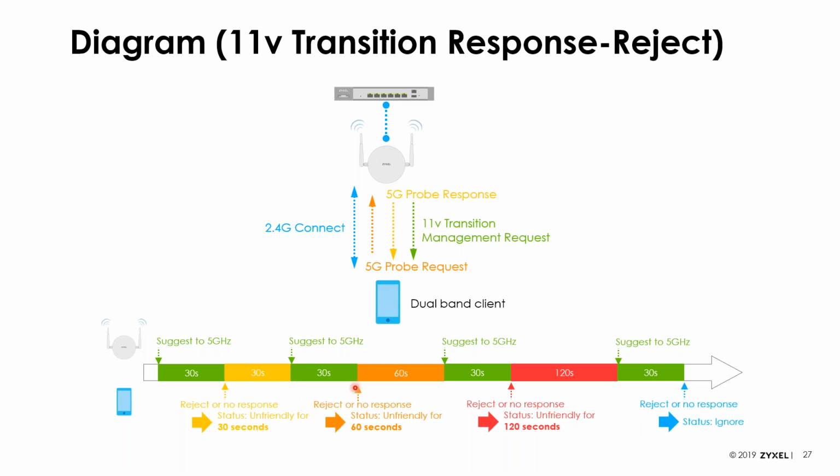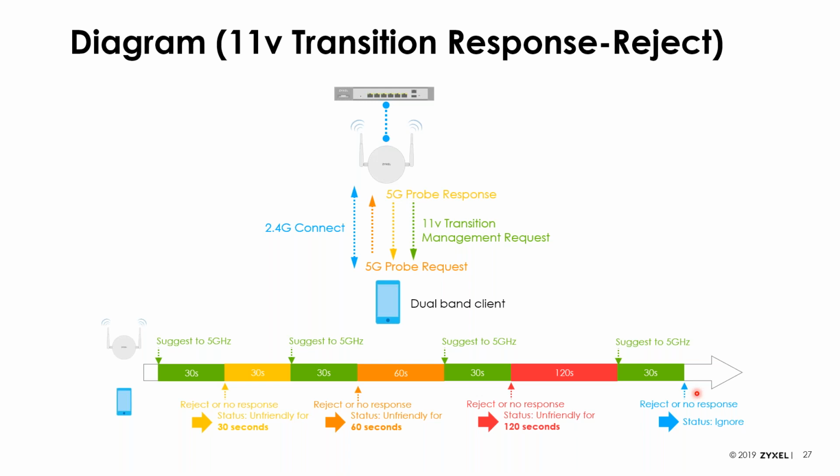If there is no response or a reject message from the client, it waits for 60 seconds and then tries again. It waits for 30 seconds. If there is a reject or no response at all, it waits for 120 seconds and then tries a fourth and last time. So if unsuccessful once again, then it is marked as unfriendly and does not try to move it again.